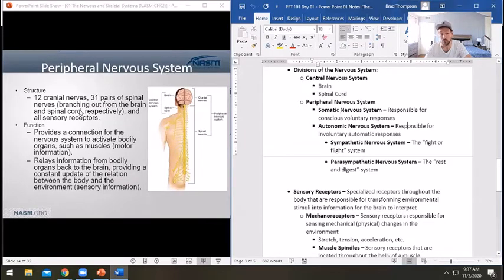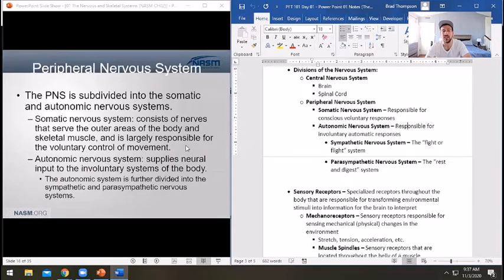So that's where your peripheral nervous system comes in. You've got cranial nerves up here, and you've got spinal nerves branching down here. And your spinal nerves are where all the information is being gathered or executed.